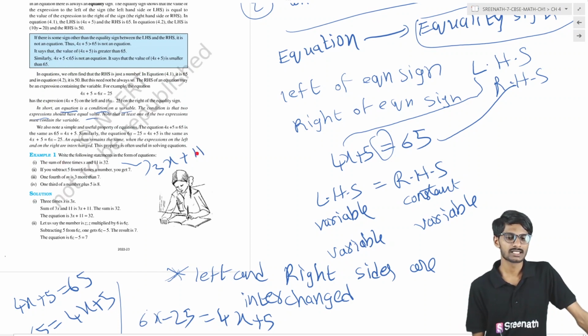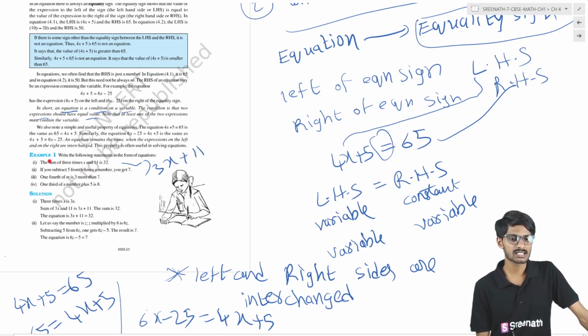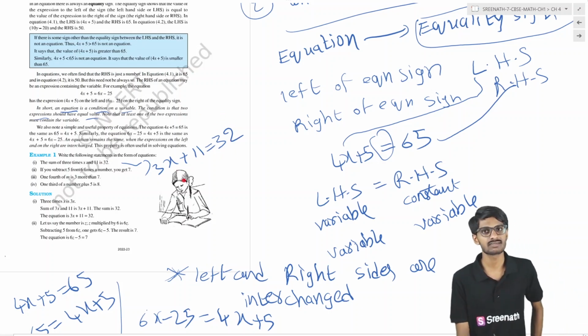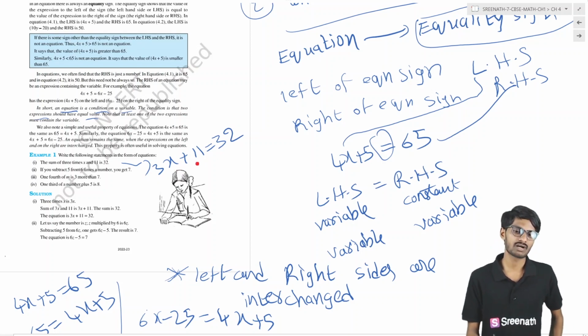There is 3 times x, and there is 'and', which will be written as the plus sign, and 11, that is 32, which means whose value is equal to 32. So we have to write the equality symbol and we have to write 32. Why? Because the right hand side and left hand side must be equal.